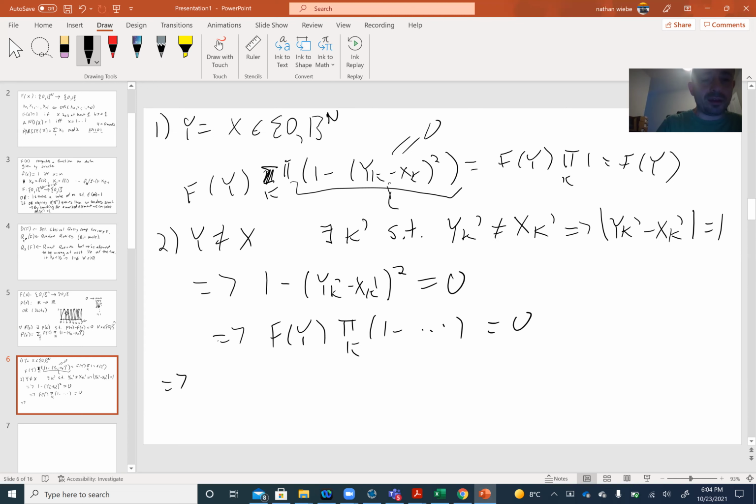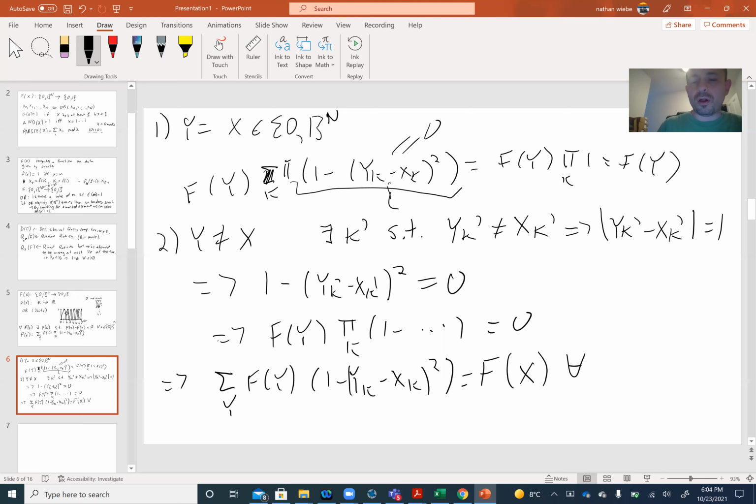And this implies then that the sum over y, f of y, product of 1 minus (y_k minus x_k) squared, is simply equal to f of x for all x in {0,1}^n.